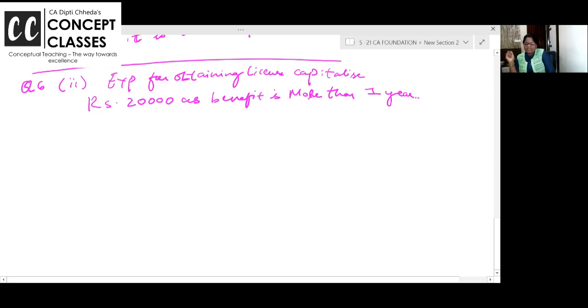Right? Long term. I have written more than 1 year, but writing long term benefit will also be fine. Now the fine paid, this cinema house has paid a fine. Fine paid rupees 1,000. Write off in the P&L account. Done. Next.